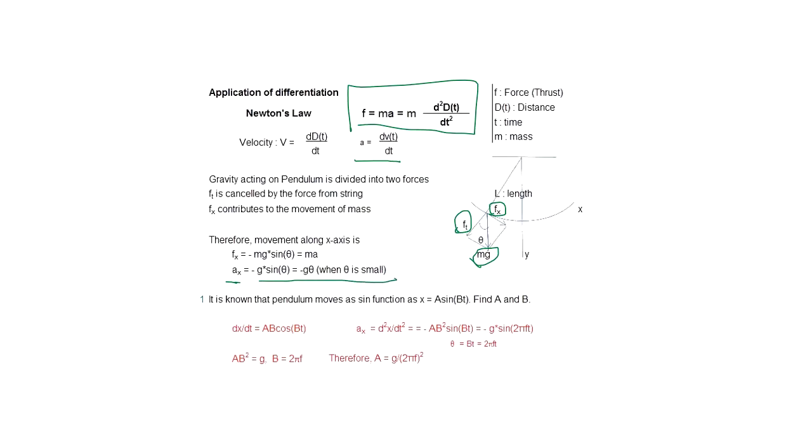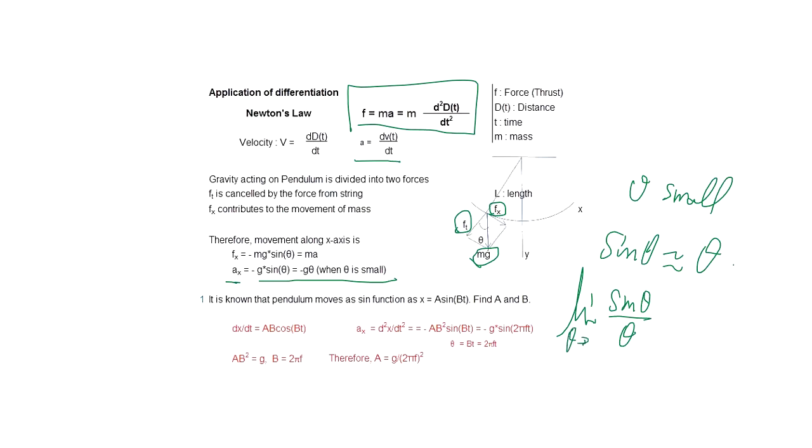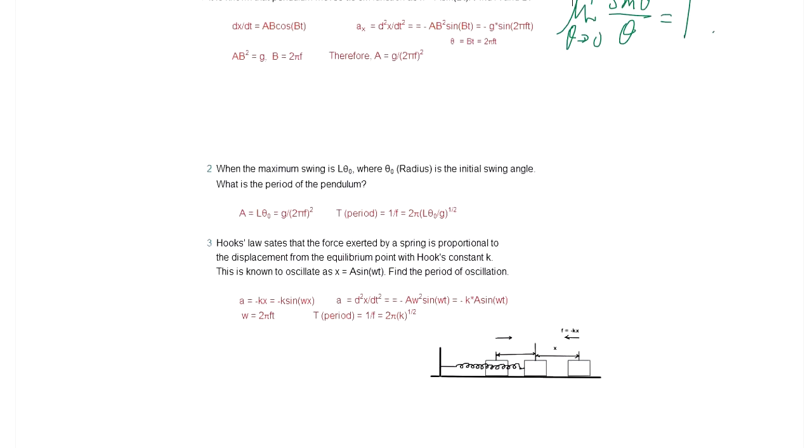Now if theta is small, we can approximate, because the limit of sine theta over theta as theta goes to 0 equals 1. Okay, so if we use that, then we can get the second derivatives. So we did this question already.